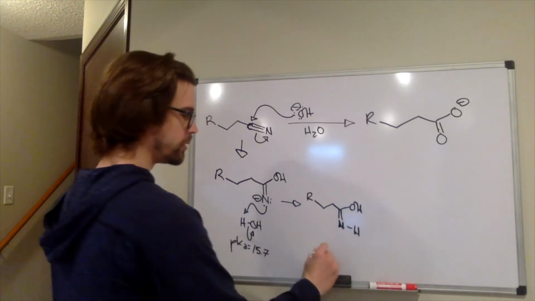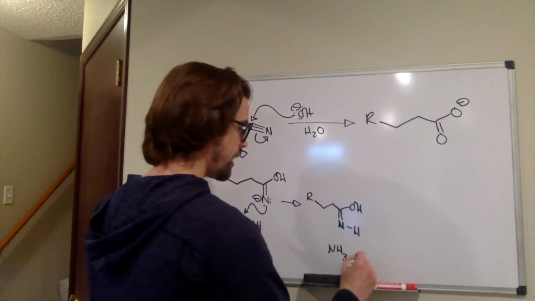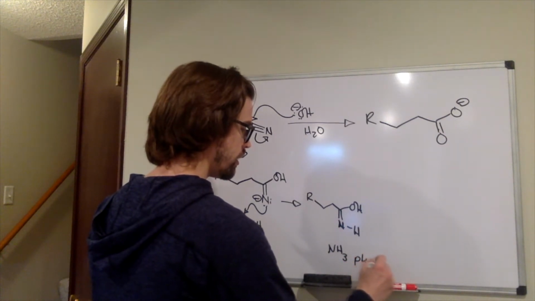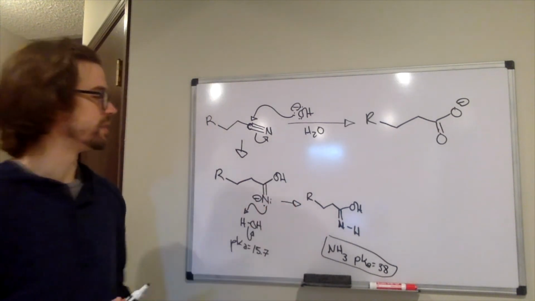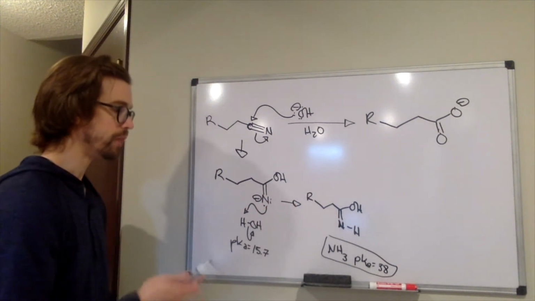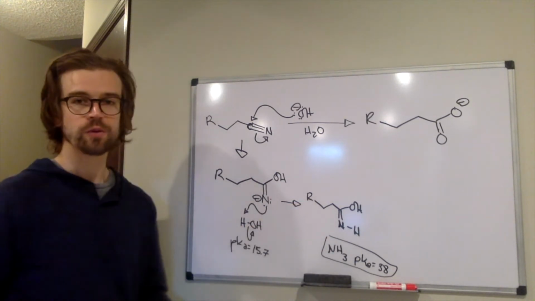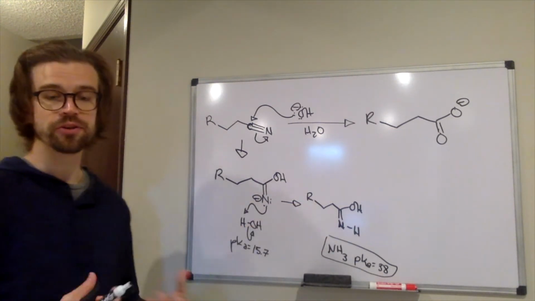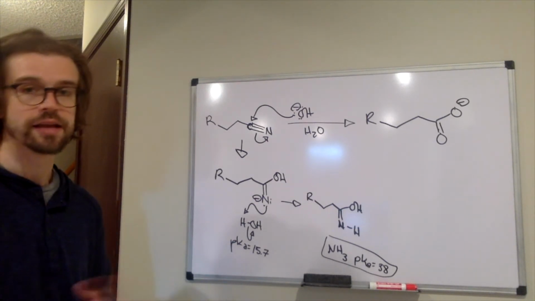And what's that going to be most similar to? That's most similar to NH3, which has a pKa of 38. So why is this just a single directional arrow? Because water is so much more acidic than that, it's going to protonate and it will no longer be able to transfer that proton back. So what happens next then?